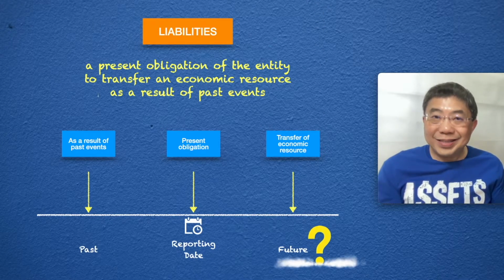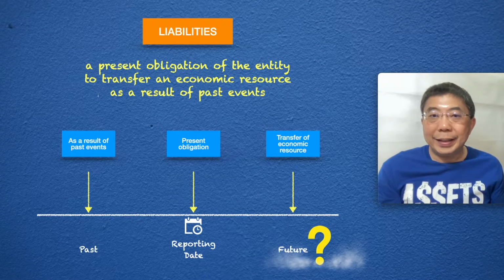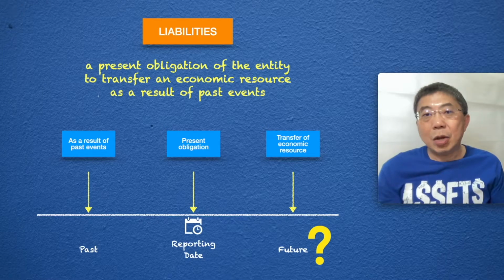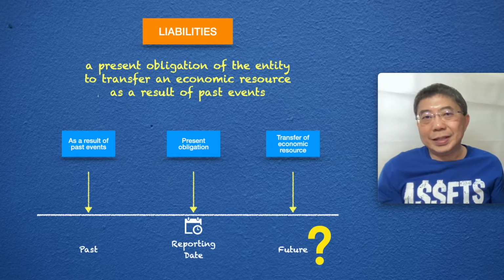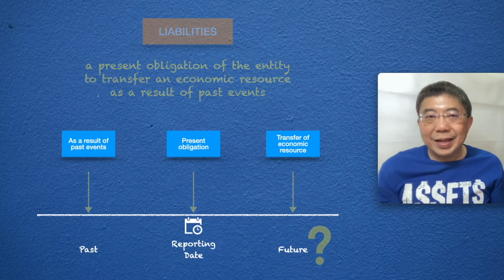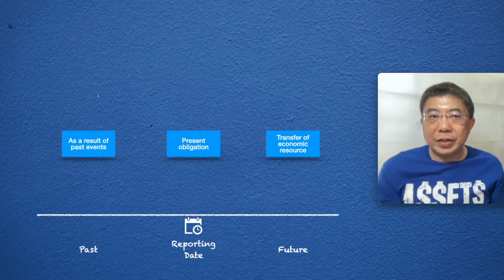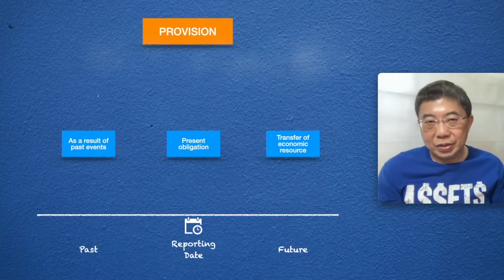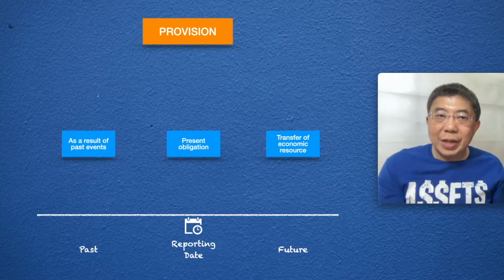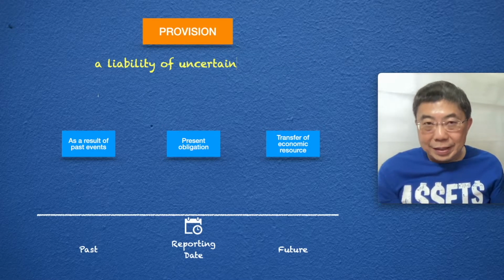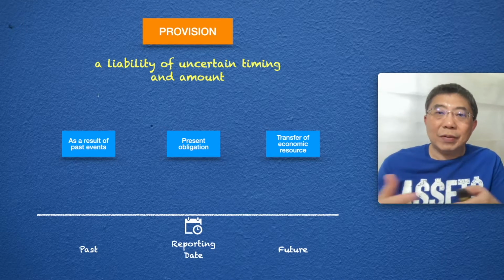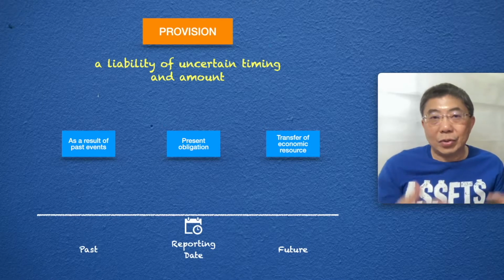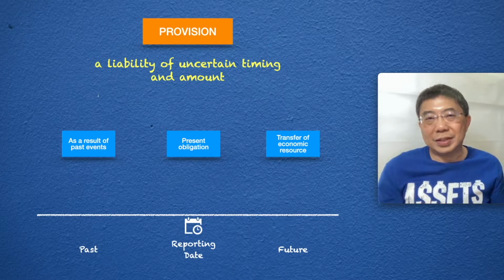However, there are certain situations whereby the amount and timing of the transfer of economic resources is not known with certainty. In these cases, we record what is known as provisions. So provisions are really liabilities, but the timing and amount of the transfer of economic resources in the future is not known with certainty.